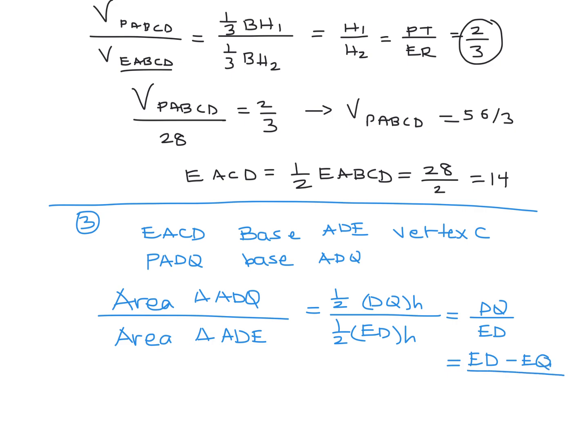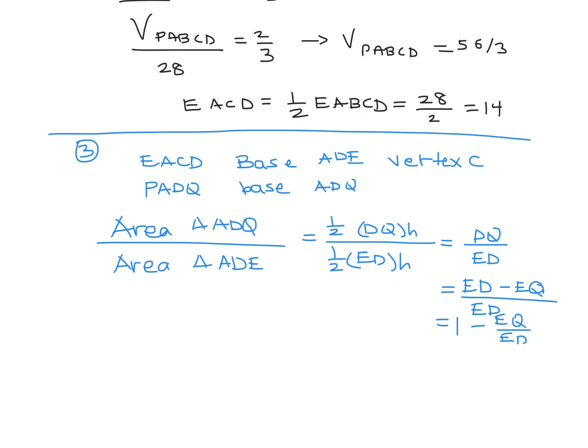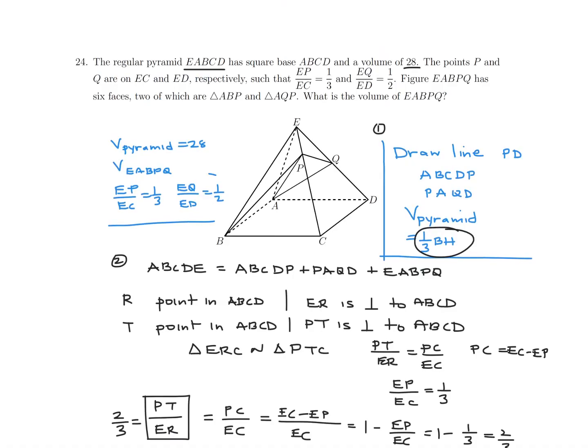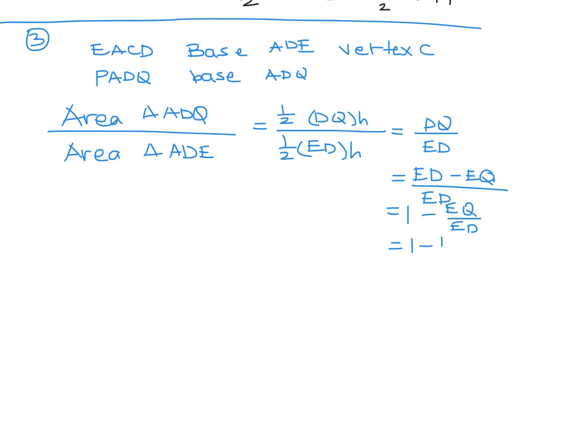ED minus EQ over ED. So that is 1 minus EQ over ED. And then EQ over ED, we had at the very beginning somewhere. Here it is. Yeah, 1/2. So that's 1 minus 1/2, and that gives me 1/2.